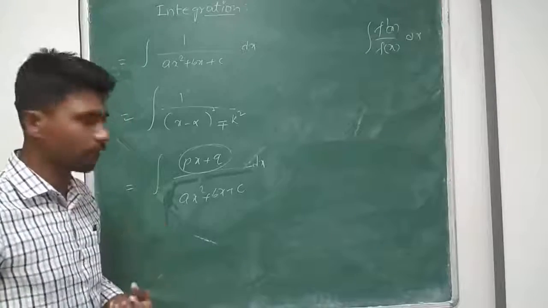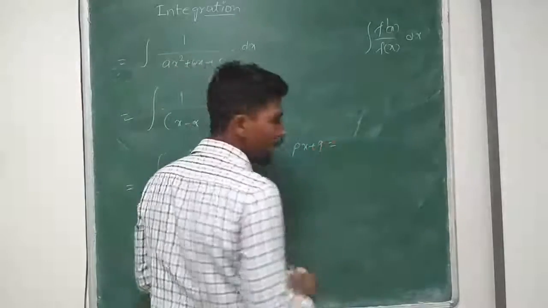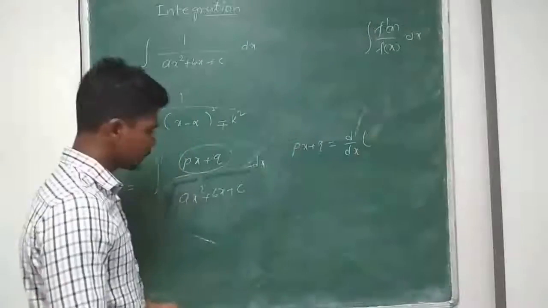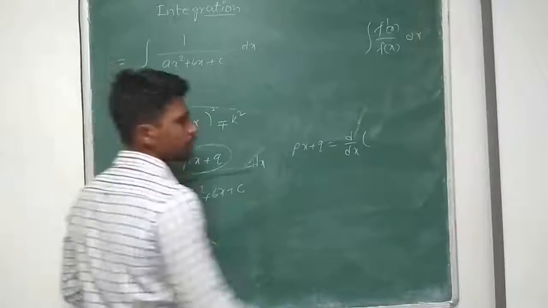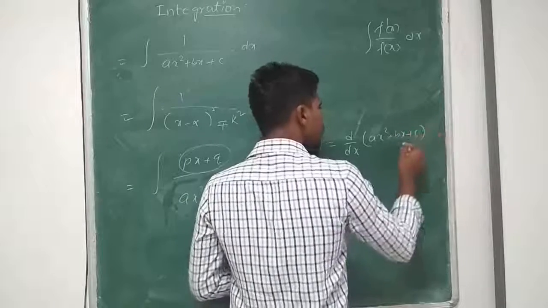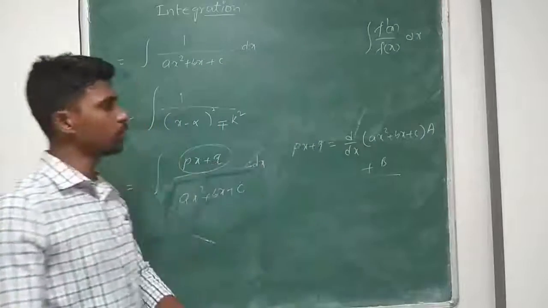So what procedure do we follow? We take this px plus q as a into d by dx of (ax square plus bx plus c) plus a constant b. So we find out the a and b values.